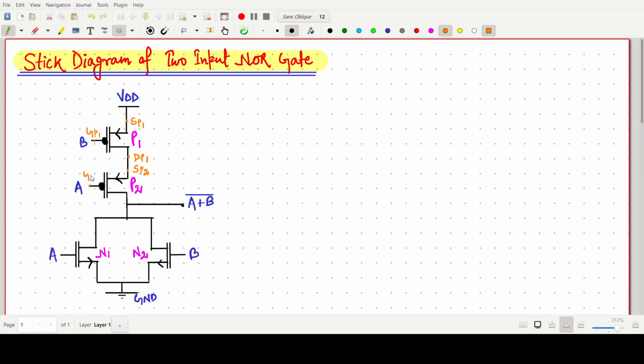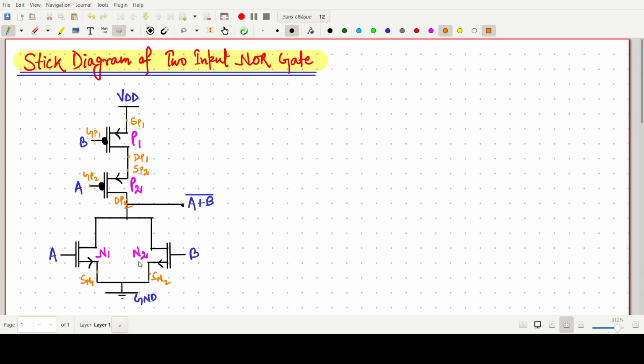You have to practice. This one is very important. This is the gate of P2, and this will be our source, arrow, gate and drain of P2. This one is P2. Now this one is simply our source of N1 transistor, source of N2.